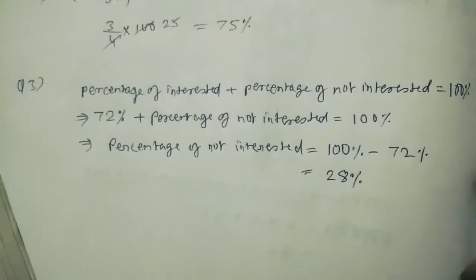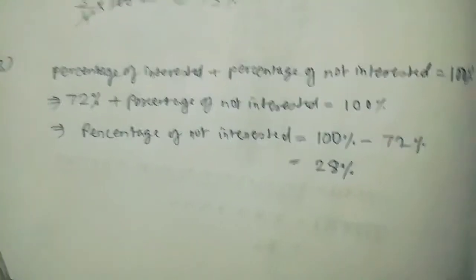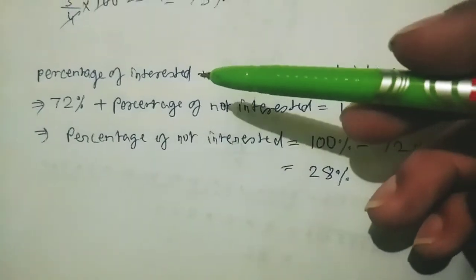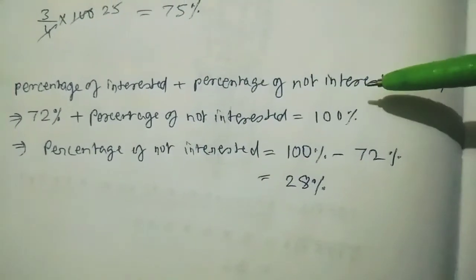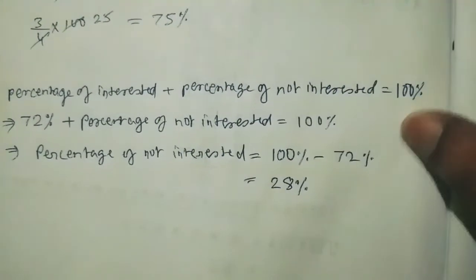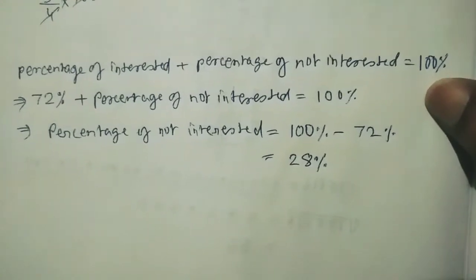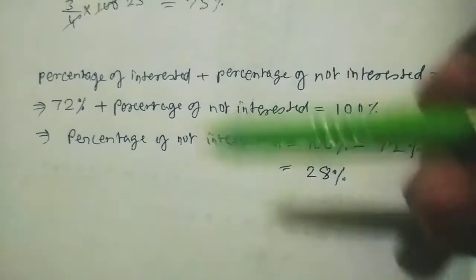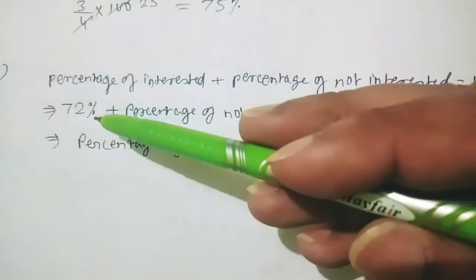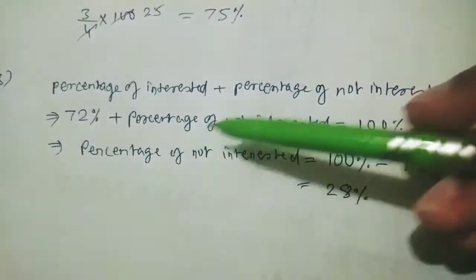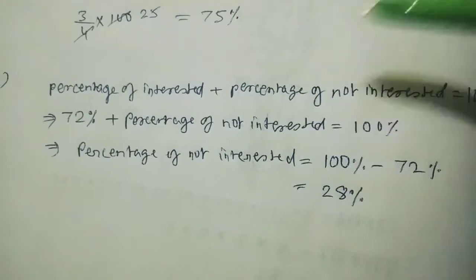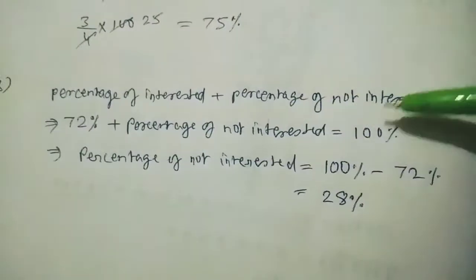All of you please see here nicely. Here I have written percentage of interested plus percentage of not interested equal to total 100%, because you know total percentage is 100%.